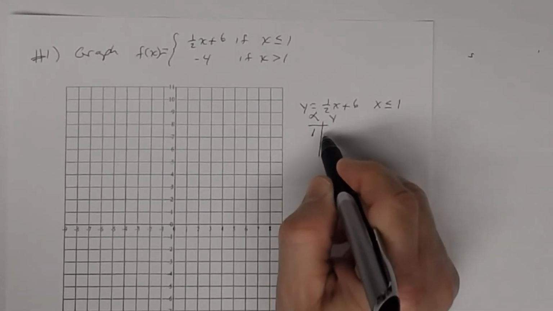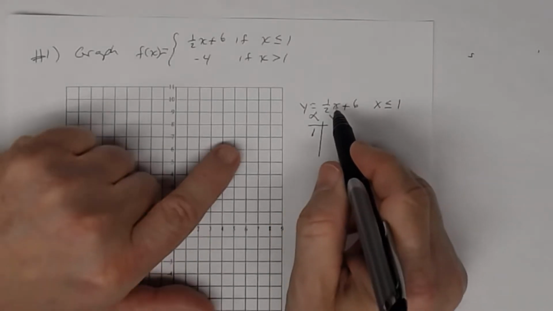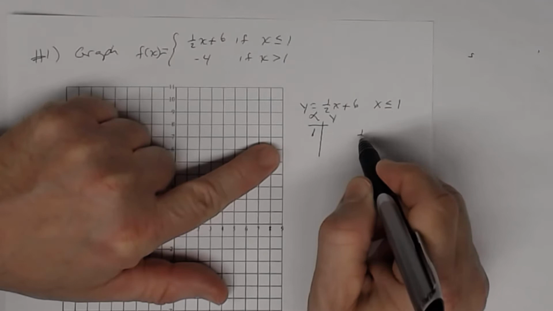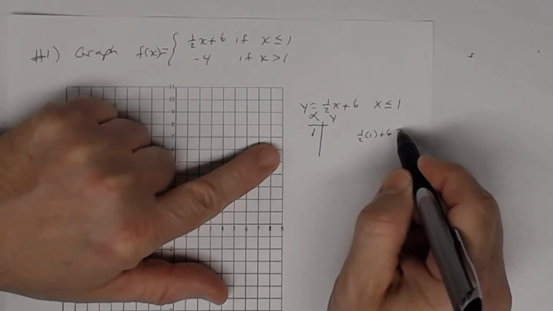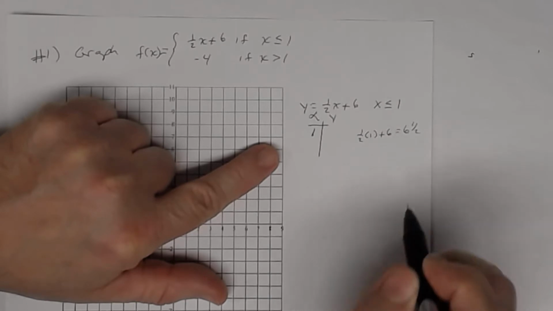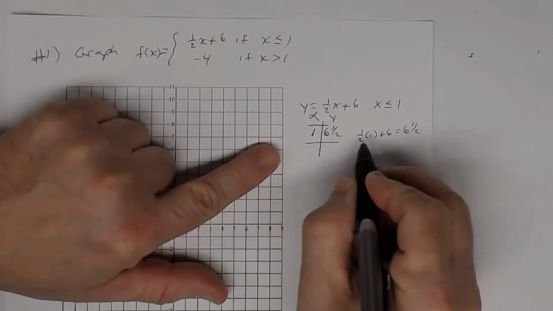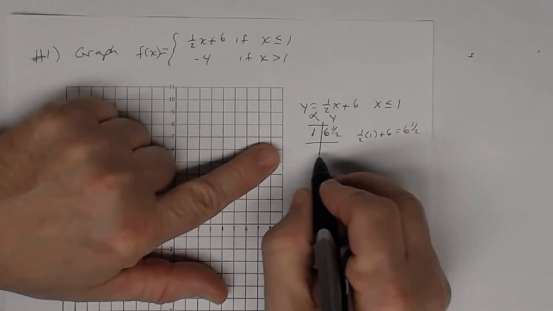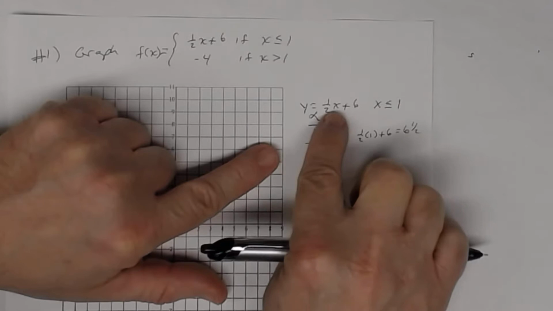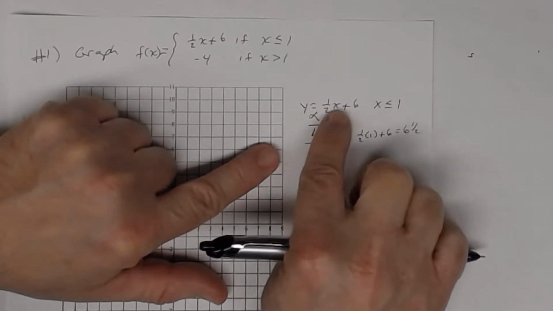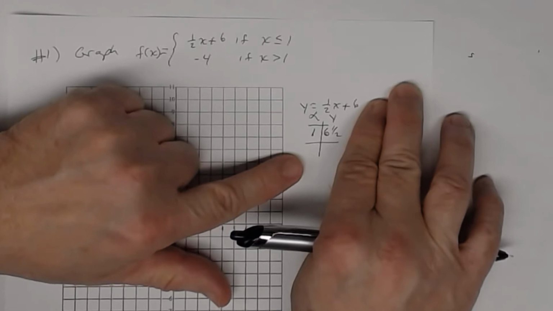Then let's find y. If x is 1, I have 1/2 times 1 plus 6, which is 6.5. Do you all agree, 6.5? Now, without a restriction, this is a line, and to graph a line I need 2 points, so let's do one more.